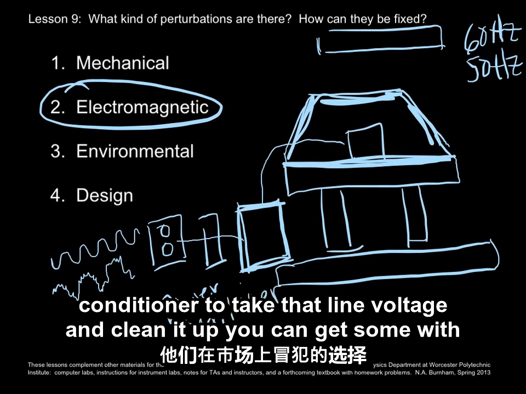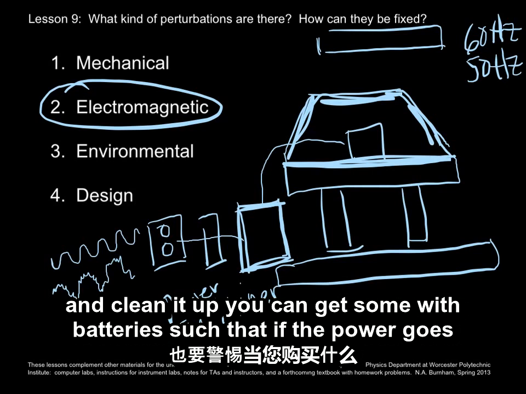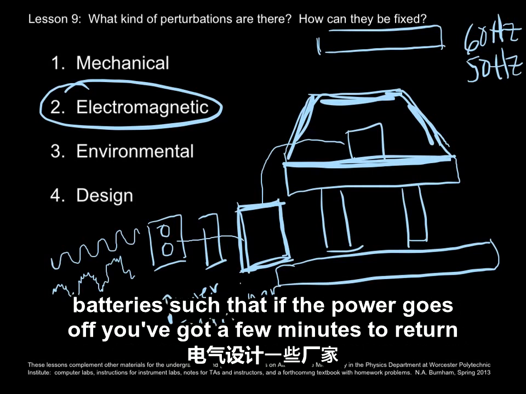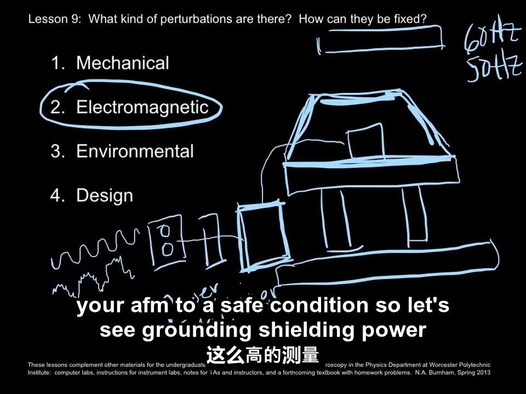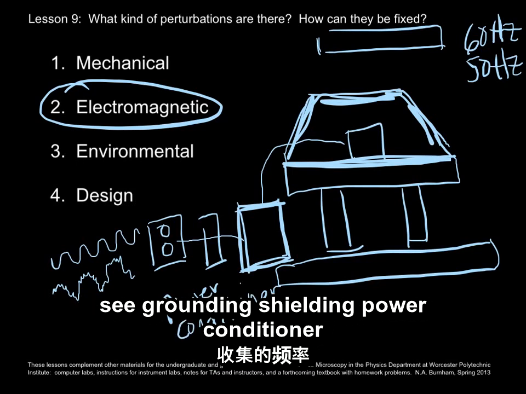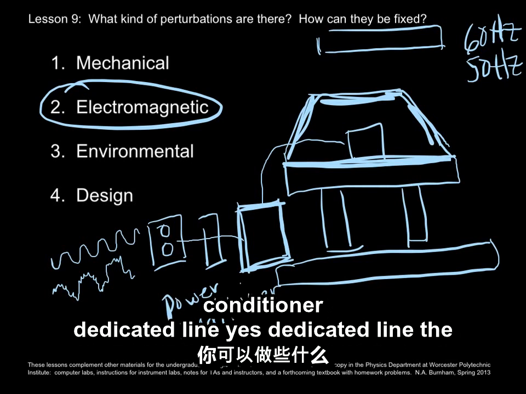You can get some with batteries, such that if the power goes off, you've got a few minutes to return your AFM to a safe condition. So let's see, grounding, shielding, power conditioner, dedicated line. Yes, dedicated line.